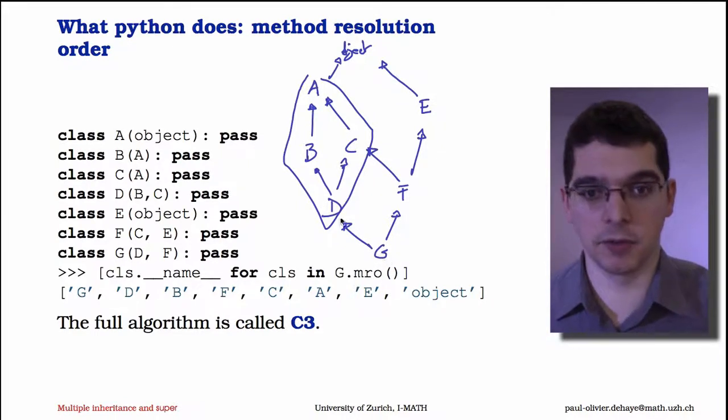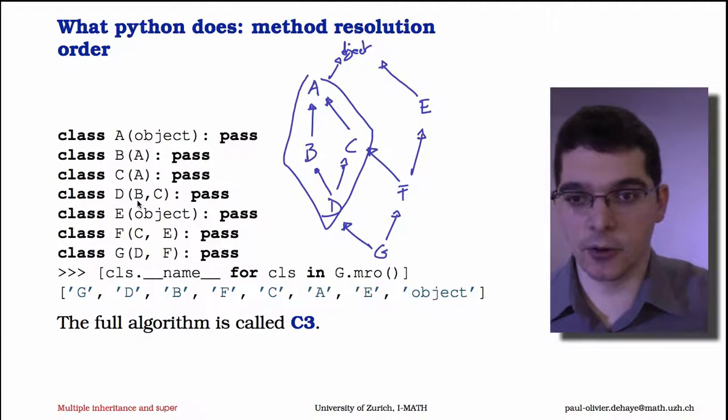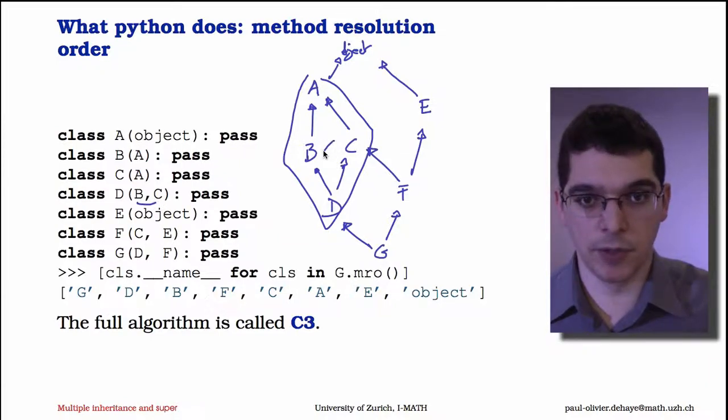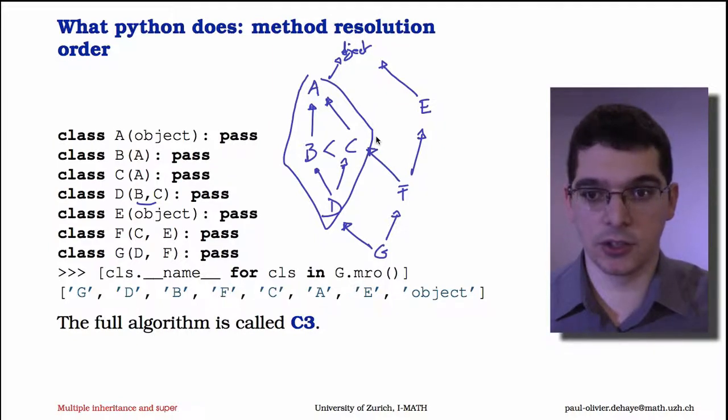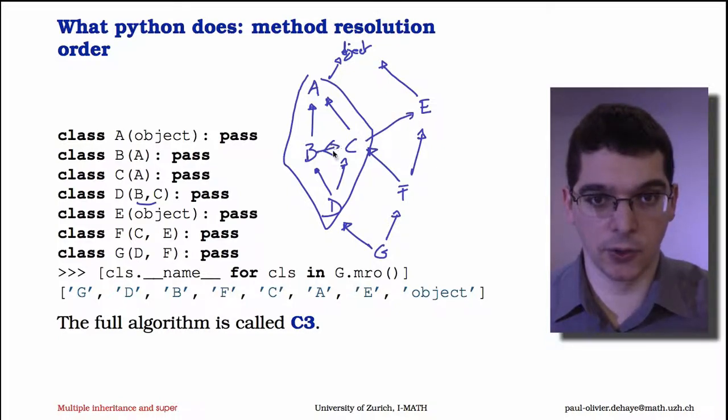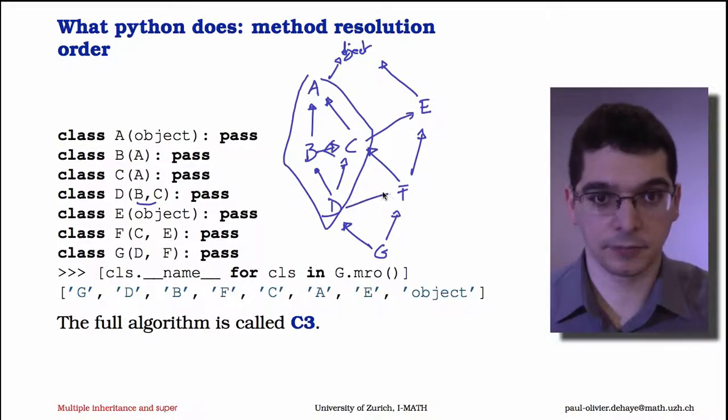So G comes before D, but it also takes the ordering here as a vote. So B should come before C, and C should come before E because it's defined here. Okay, so I really have also those arrows that are present.